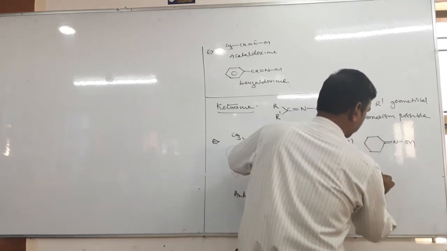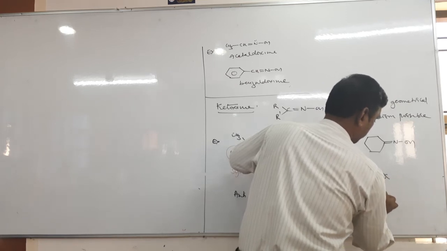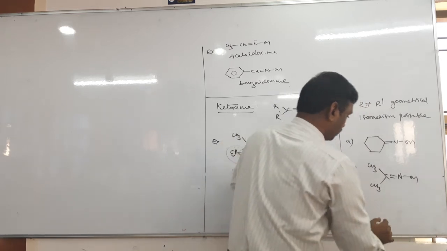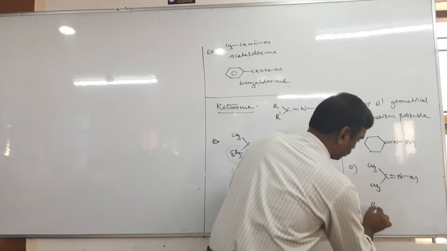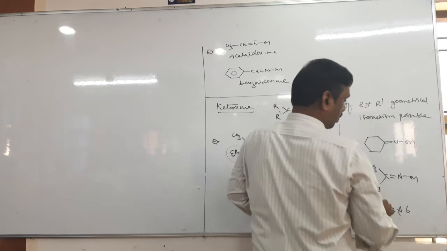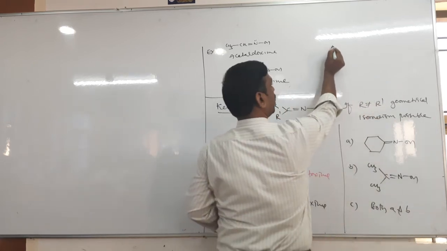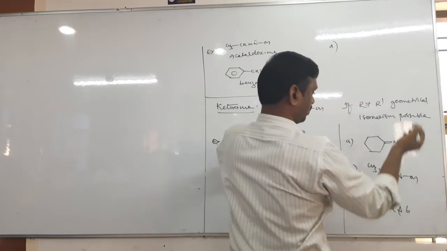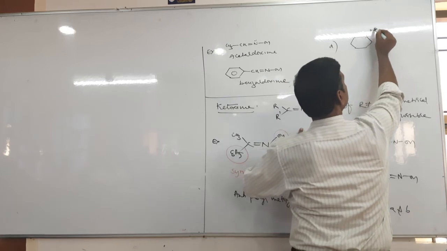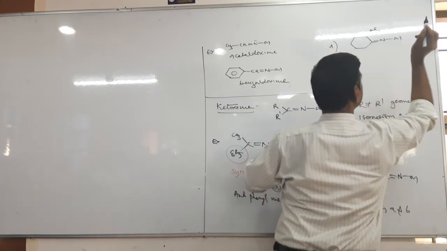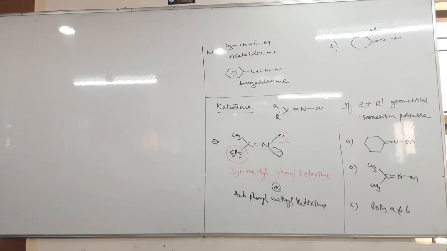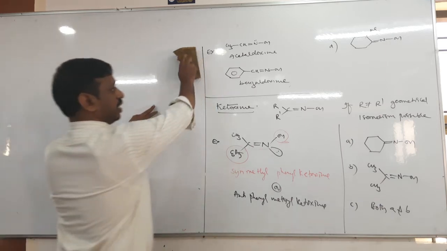B. C. Both A and C, A and B. I'll write D here. Tell me, which do not exhibit geometrical isomerism? A, B, C, D.